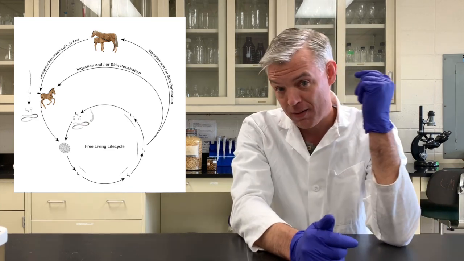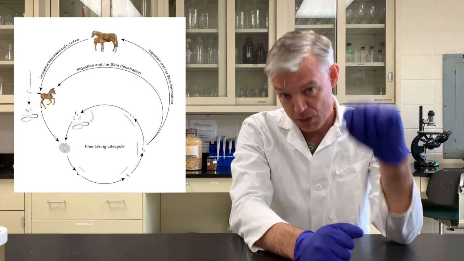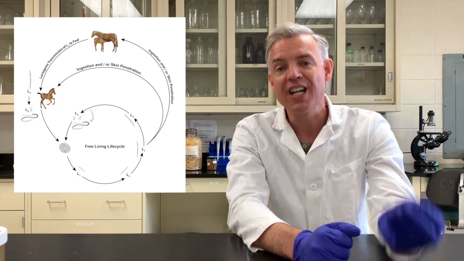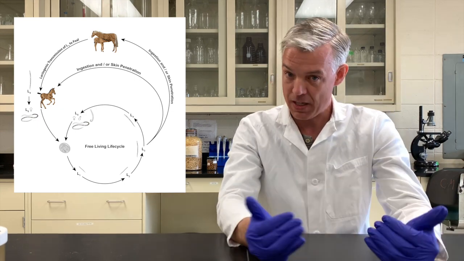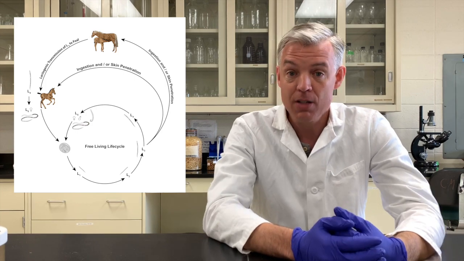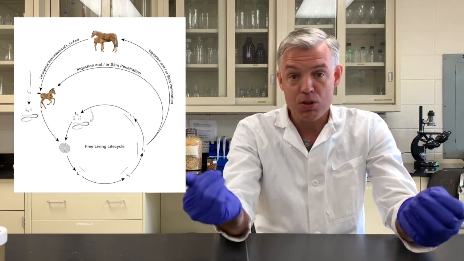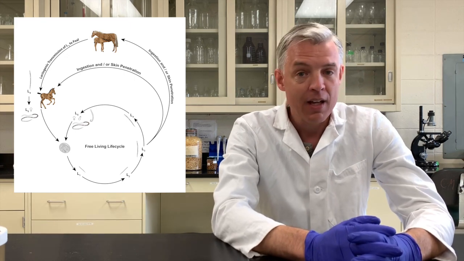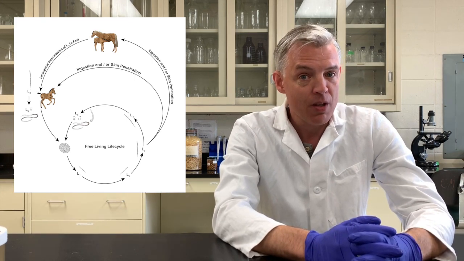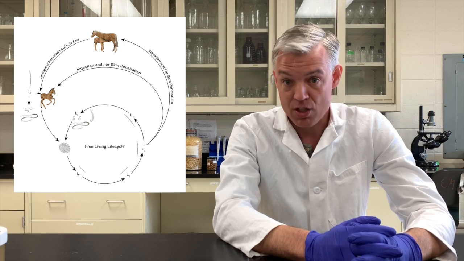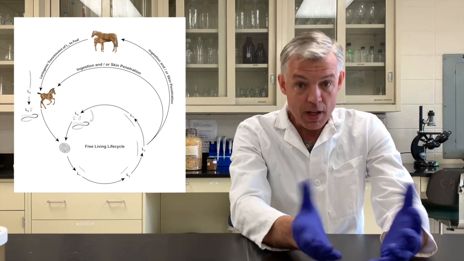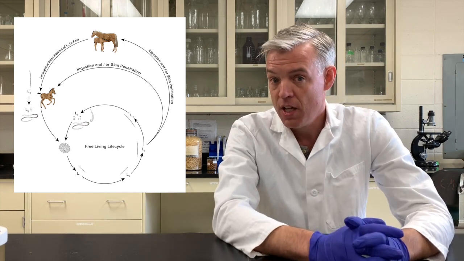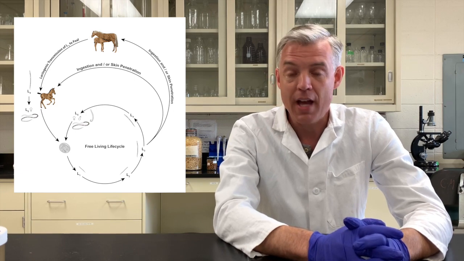Well, that's one route of infection for this parasite. It has 2 additional ones. There's the percutaneous route of infection, and that's just the larvae penetrating the skin and getting into the body of the horse that way. And it's not something we see with a whole lot of other parasites. It's certainly not in horses. And that can actually cause some skin irritation when that happens.